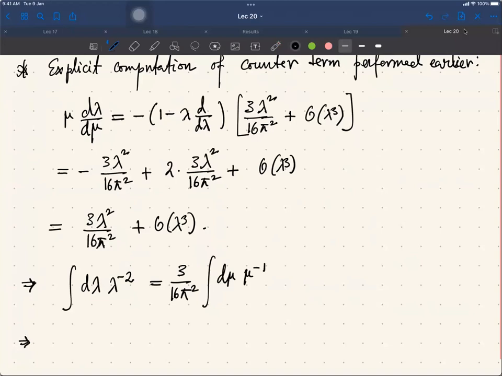Then we get minus 1 over lambda minus 1 over lambda bar equals 3 by 16 pi square of log mu divided by mu bar. So lambda corresponds to mu and lambda bar corresponds to mu bar.